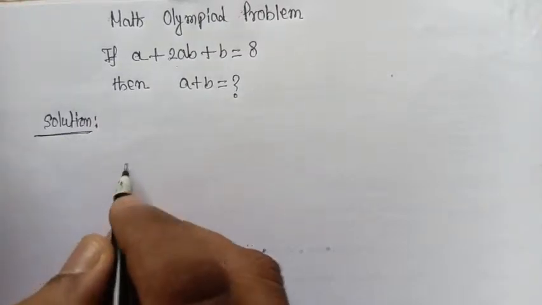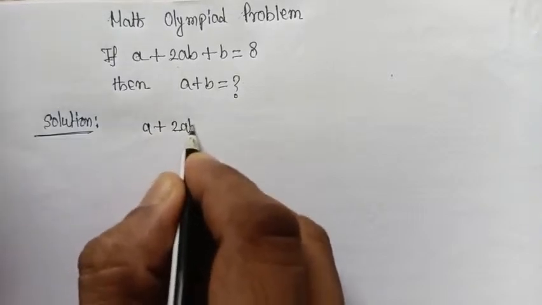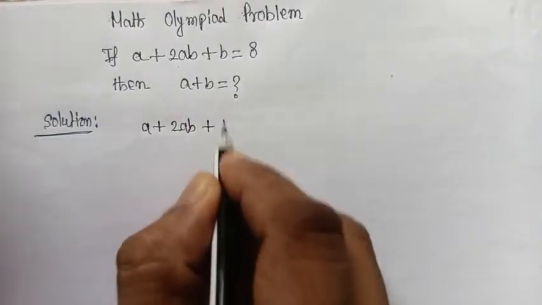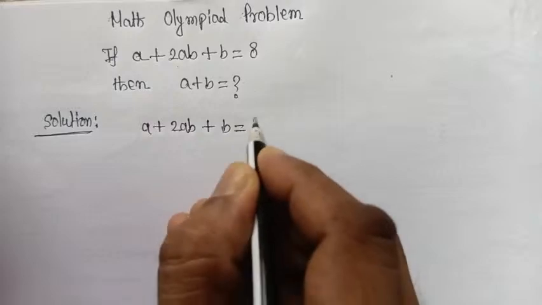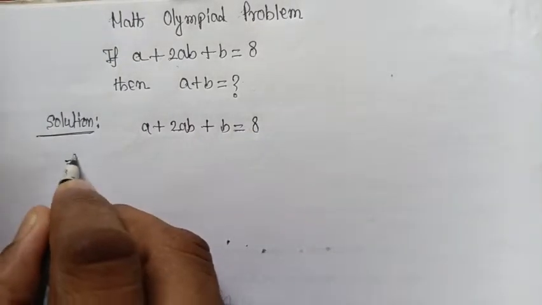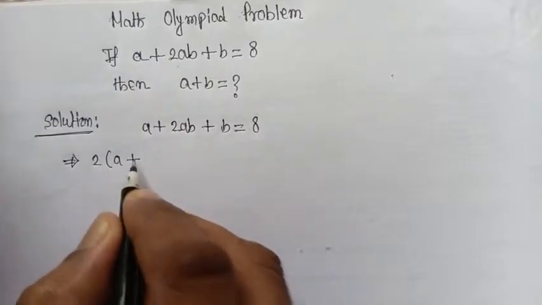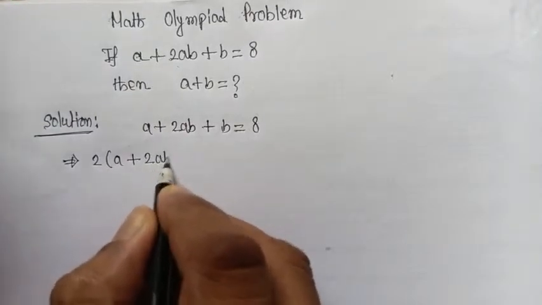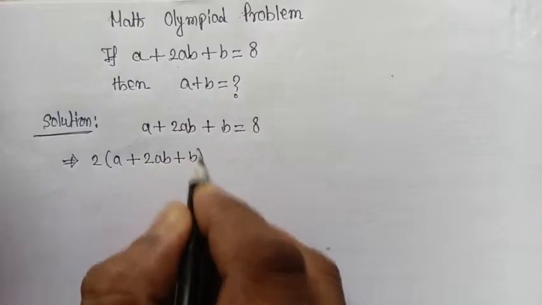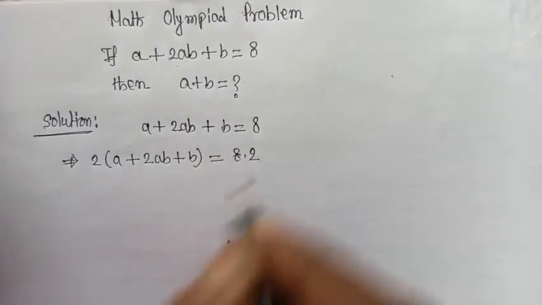We have the equation a plus 2ab plus b equals to 8. Now we are going to multiply both sides by 2, like a plus 2ab plus b equals to 8 dot 2.